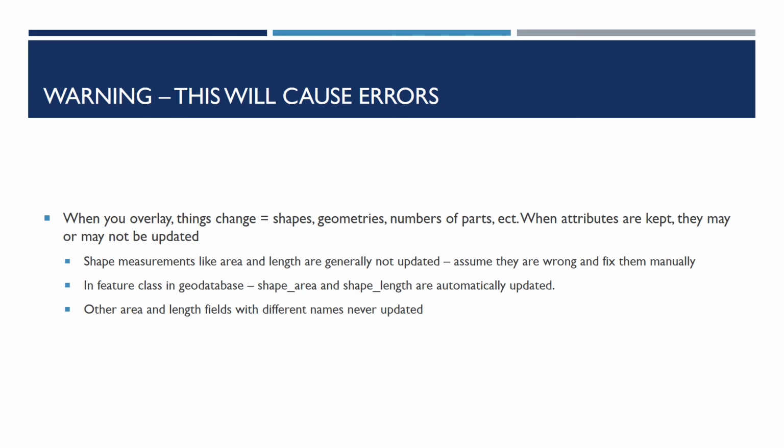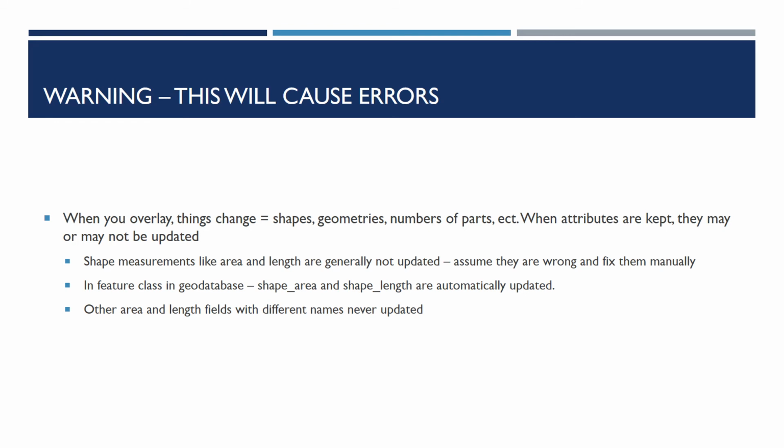Now, here's the thing. That number doesn't change when you do these things to it. Okay? There is only one instance where those fields are updated after you make these changes.